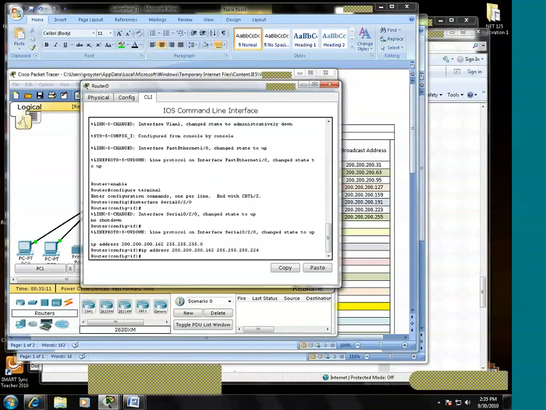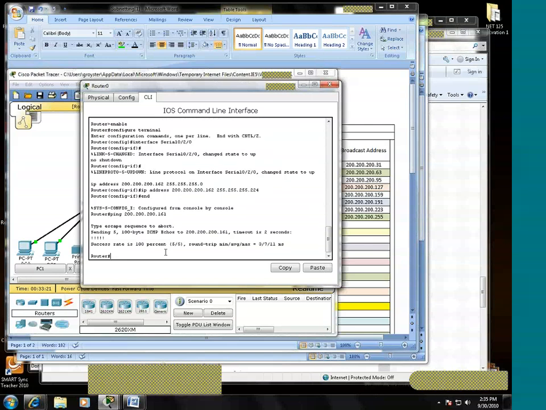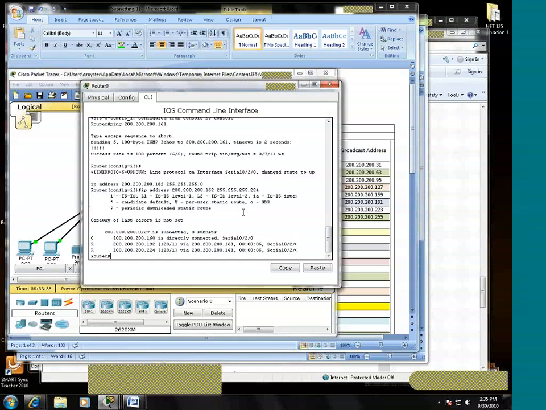Let's see. There we go. 5 successful pings. Let's look at this routing table. All right. I see the 160 network. That's directly connected. We see the 192, the 224.